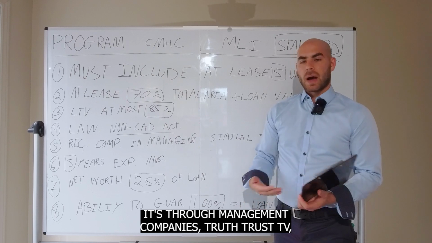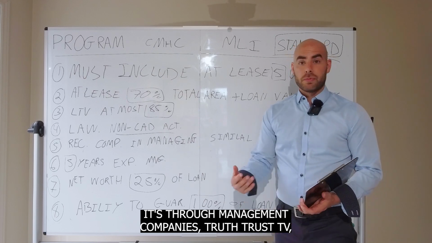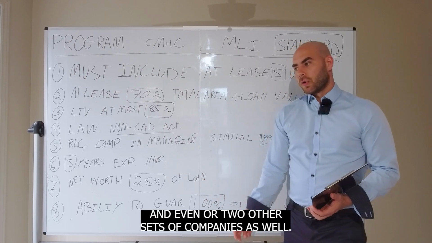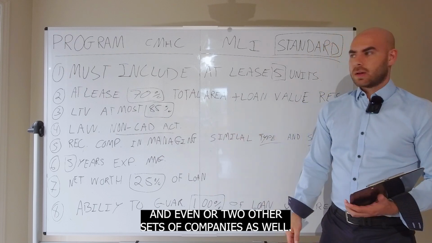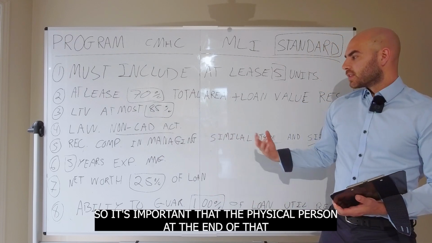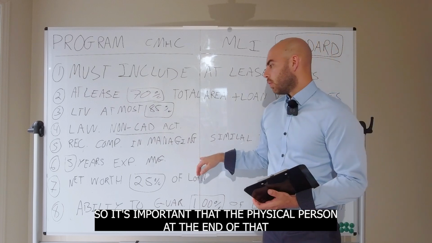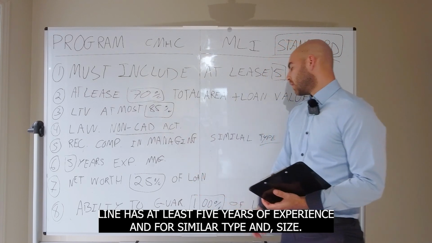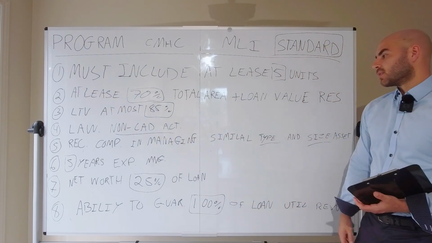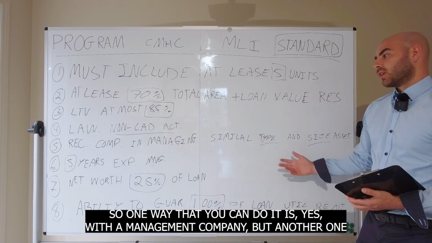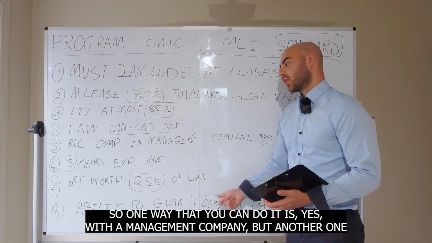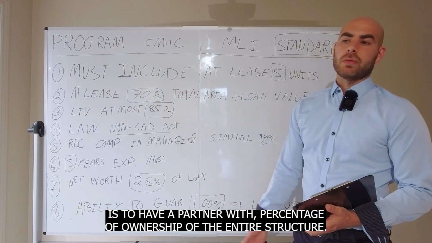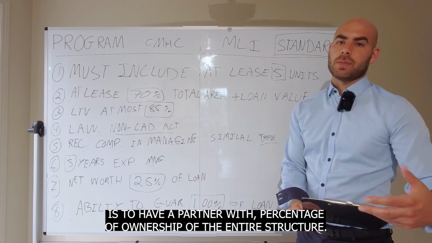It's through management companies, through trusts even, or other sets of companies as well. So it's important that the physical person at the end of that line has at least 5 years of experience and for similar type and size. So one way that you can do it is, yes, with a management company, but another is to have a partner with a percentage of ownership of the entire structure.